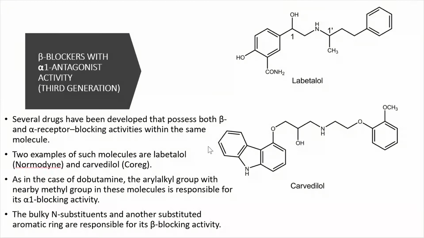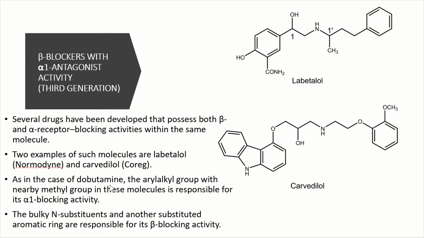The structures are here. As in the case of dobutamine, which we have mentioned before, the aryl alkyl group with nearby methyl group in these molecules is responsible for its alpha 1 blocking activity.